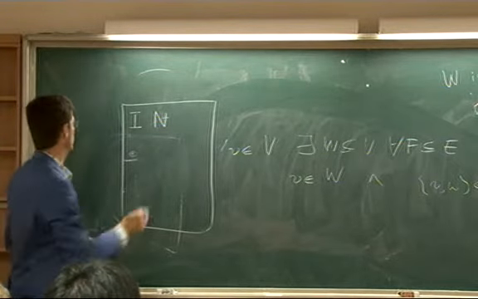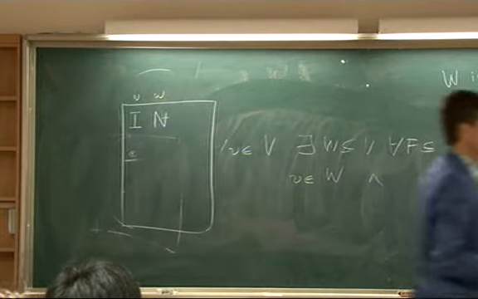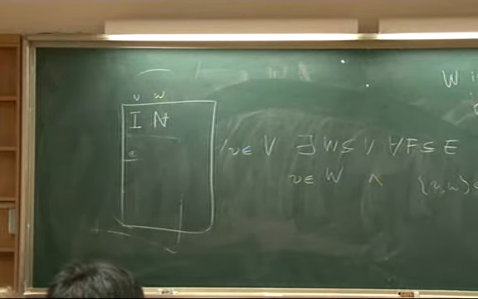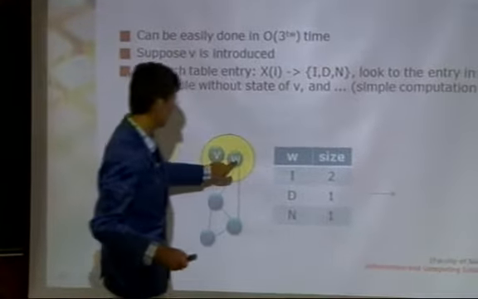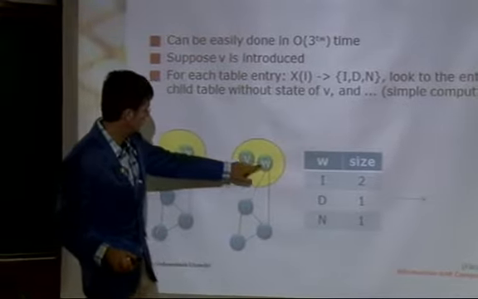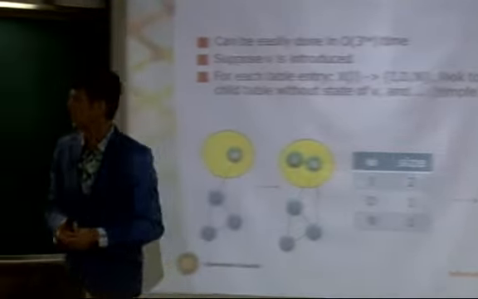So I say V is in and W is not. Now, if W is not, then V cannot be in, because if I put V in this set, then W cannot be not dominated, so I ignore that one. So I'll put an infinity there.